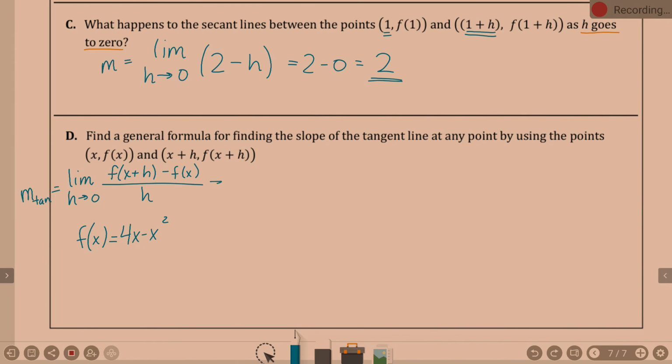The limit as h approaches 0. F of x plus h, using f of x, yes? 4 times x plus h minus x plus h quantity squared.